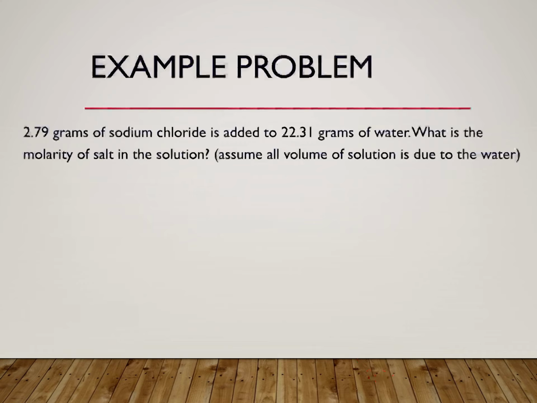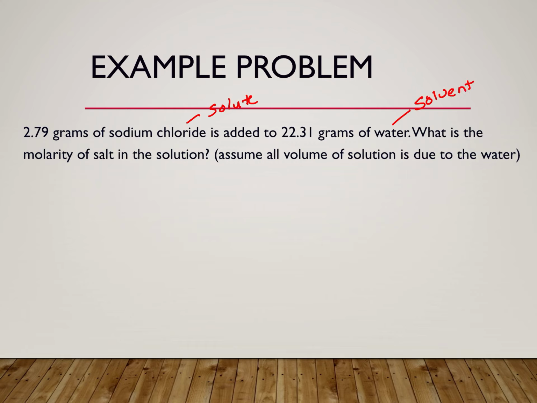So here's an example problem. If we have 2.79 grams of sodium chloride and we are adding it to 22.31 grams of water, what is the molarity of the salt in the solution? And here the problem says, assume the volume of solution is due to the water. So here, our sodium chloride, this is our solute, our water is our solvent, and together they are making up our solution.